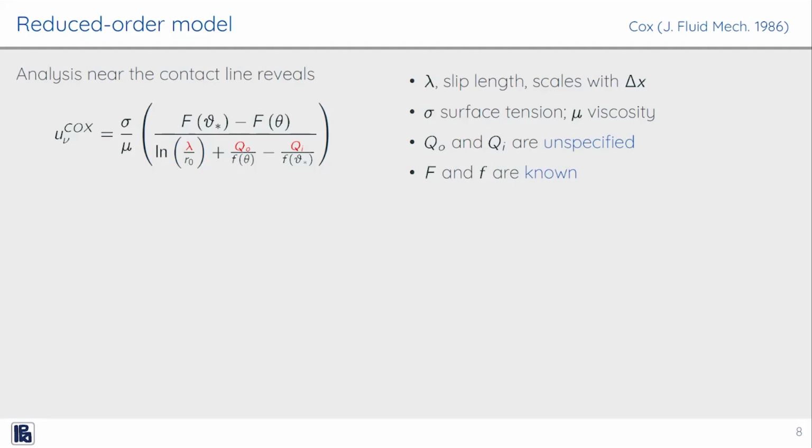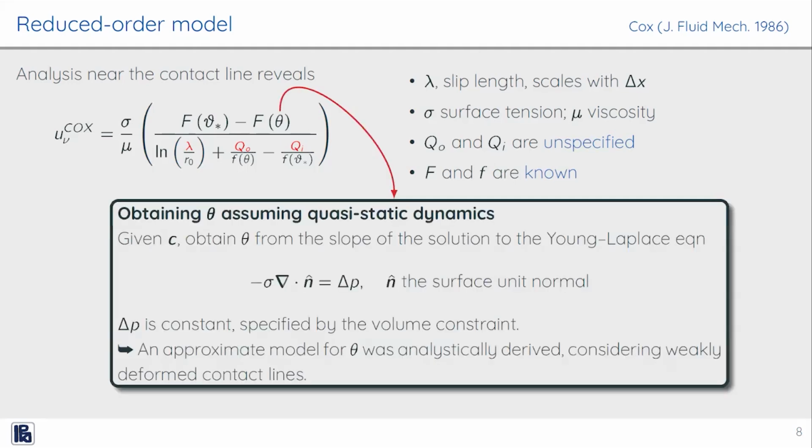We don't need to go into the details. The main complexity was how to calculate this contact angle, which Nikos Savva was able to come up with an analytical model for, considering weakly deformed contact lines.